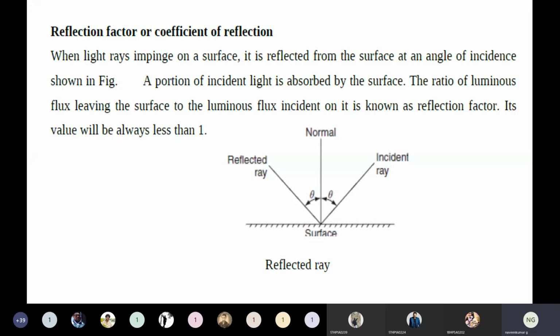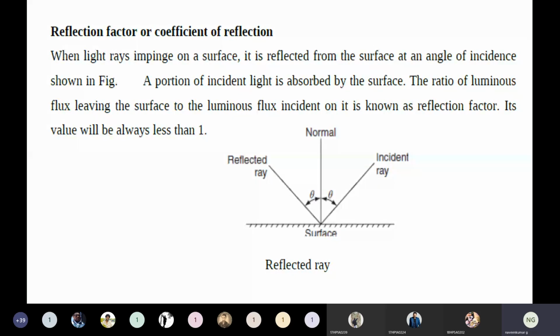So the portion of light that is absorbed is subtracted from the incident rays to get your reflected ray. The ratio of the luminous flux leaving the surface to the luminous flux incident on it is known as reflection factor. So it is always less than 1 if your incident ray is 1. If your reflected ray is 0.98, the ratio is always less than 1.